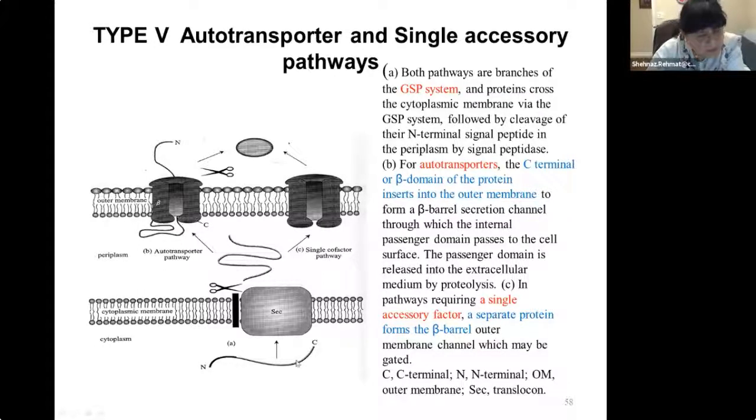And this same protein can also use an alternate, where it is not an autotransporter, but a single accessory factor, as we call it, or a single separate protein, forms the beta barrel here and allows the complete protein to be liberated into the environment. So definitely autotransporter is one way to do it, but then there is the single accessory pathway that can also be used in this model.